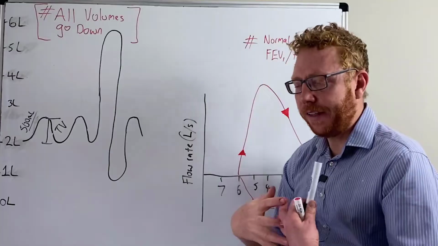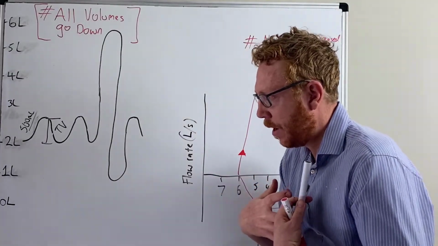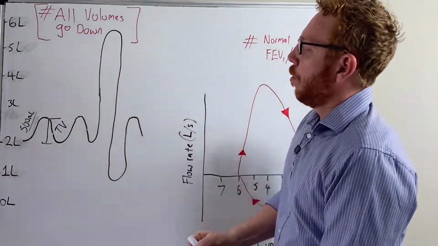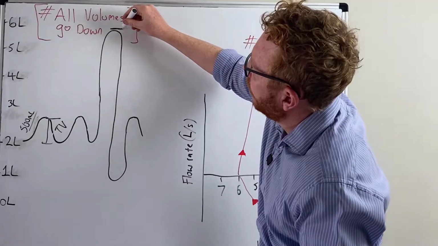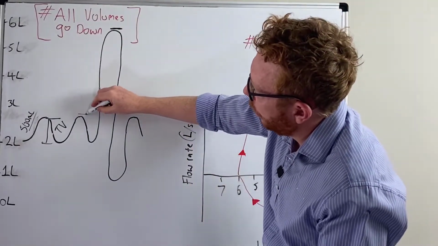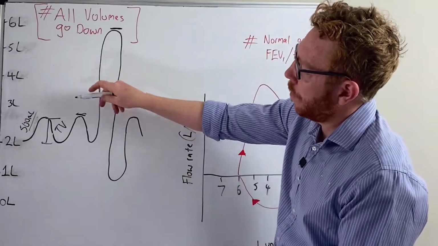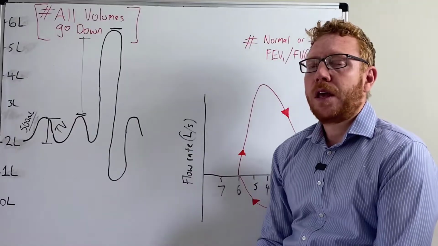Now, if we wanted to fill our lungs up to their full capacity, if we wanted to take a deep breath in to the full maximum, we're filling up the air in our lungs to the top point. That amount, from the top of your tidal volume all the way up to there, is what we call a reserve volume.